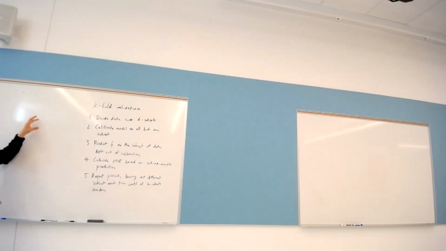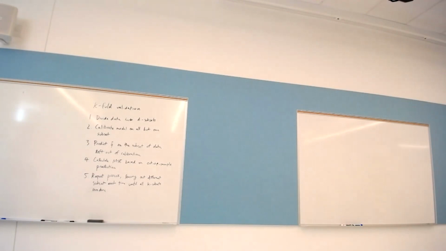And then repeat this process, now leaving out 2, then 3, and then 4 and 5, and then you can average the MSE to get your model's out of sample average mean squared error. Okay.